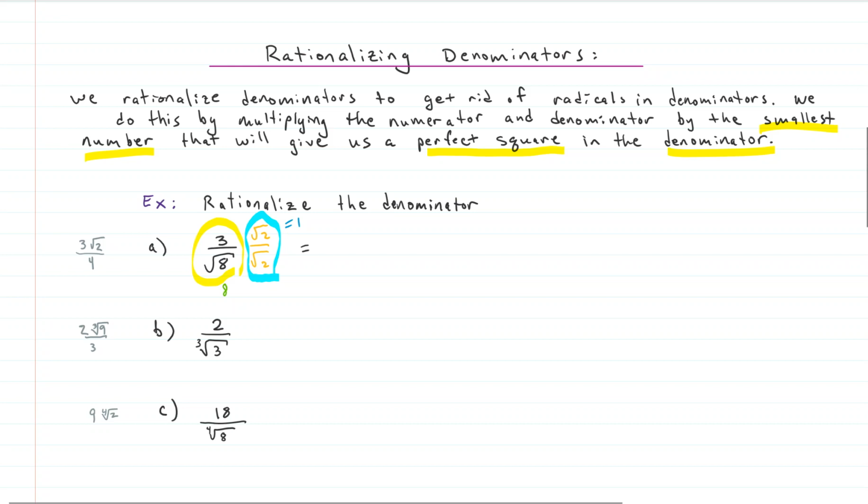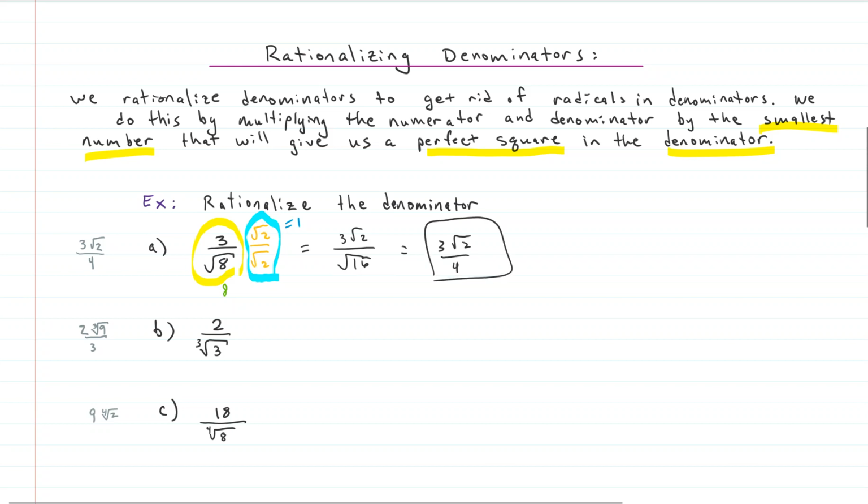Root 8 and root 2 both have the same index, which is 2 on the square root, so we can multiply the 8 and 2 and get 16. So we get root 16 in the bottom, and 3 times root 2 in the top. Root 16 in the bottom gives us 4. So we get 3 root 2 in the top and 4 in the bottom.